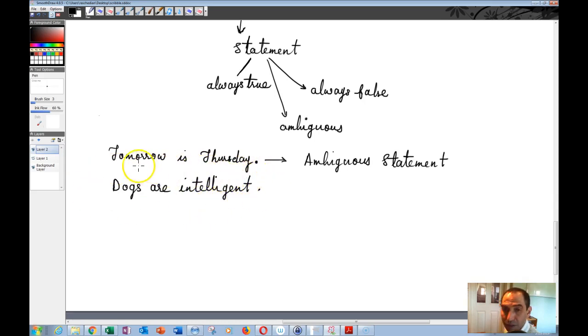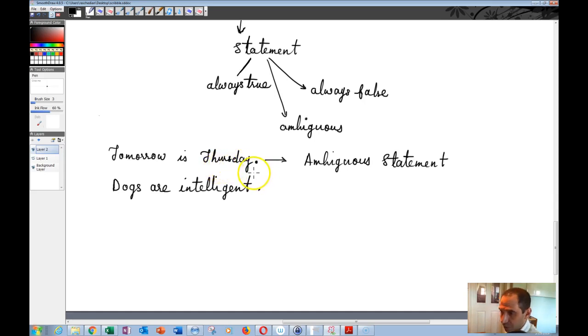This statement is a subjective statement, meaning that it depends on me whether I want to call dogs intelligent or not. Maybe I call dogs intelligent, but my neighbor doesn't believe that, so for him dogs are probably stupid.